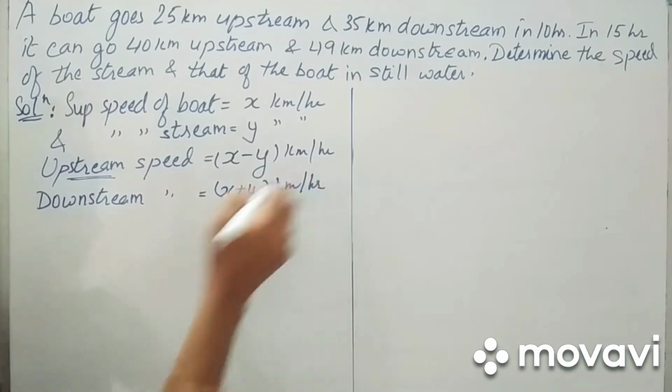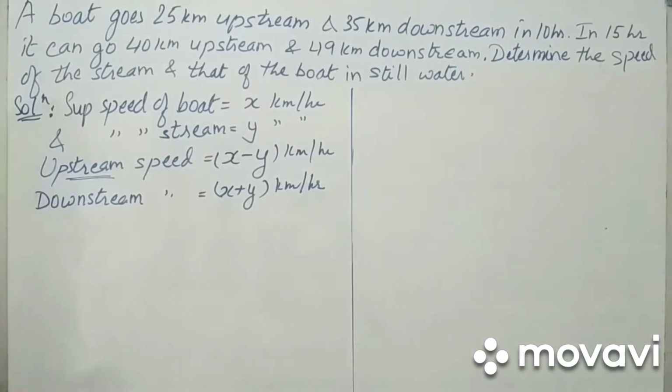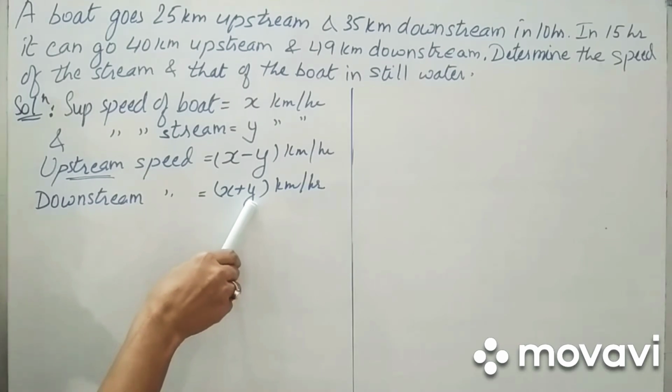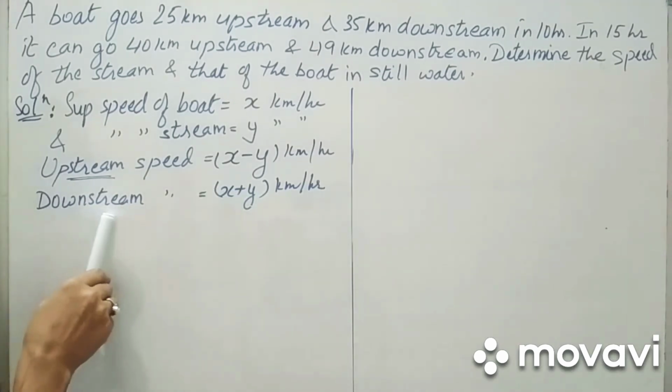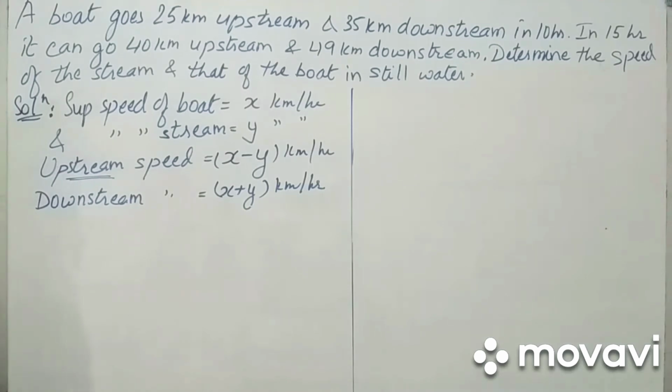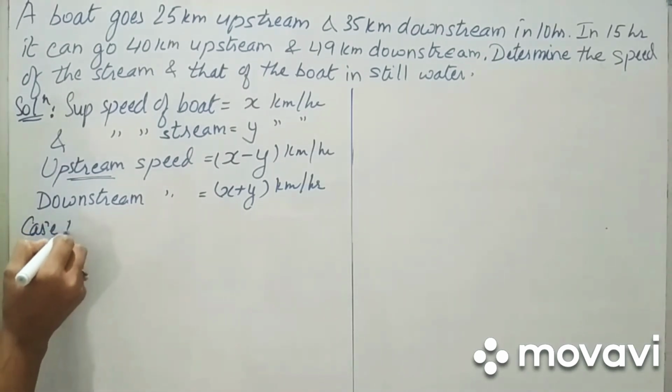As I explained previously, if you are riding your bicycle along the wind, then naturally the speed of the bicycle will increase. So the water flow speed and the speed of the boat are both added up and you get the downstream speed. Now, case 1, we will solve it.